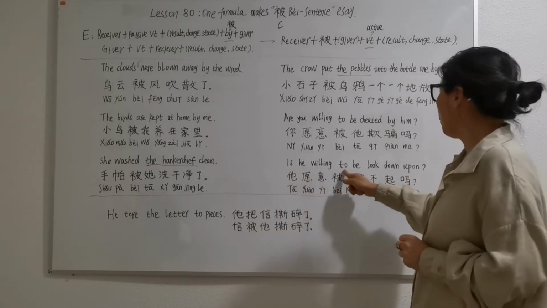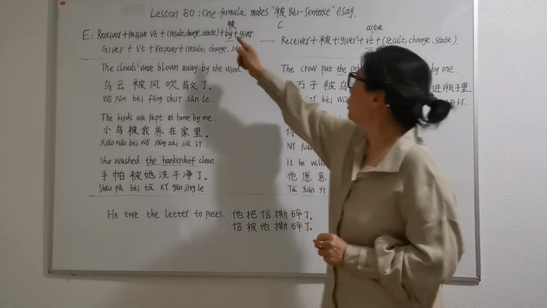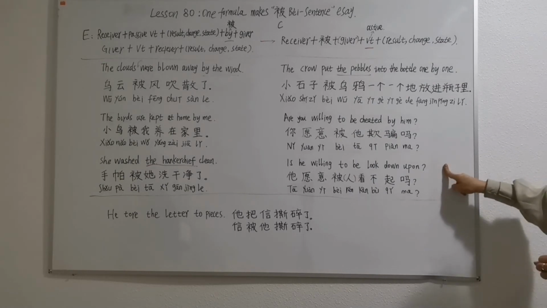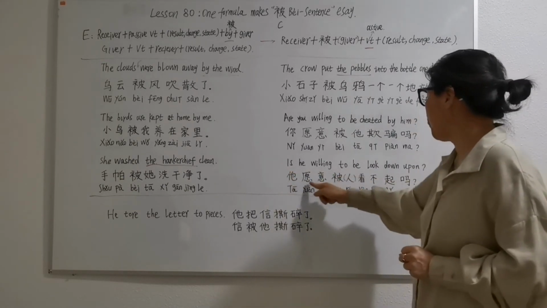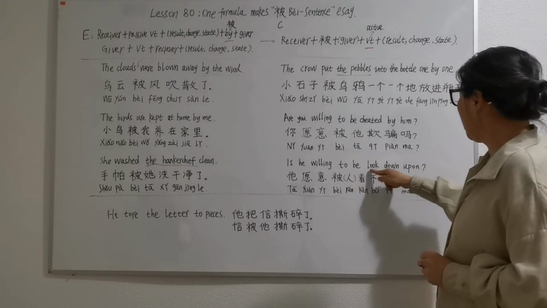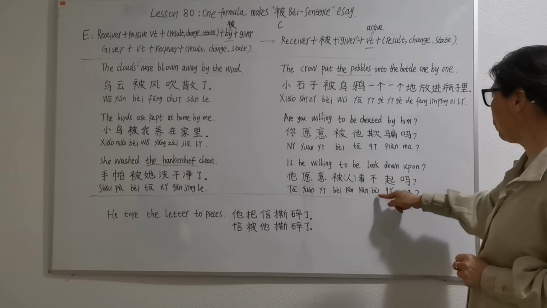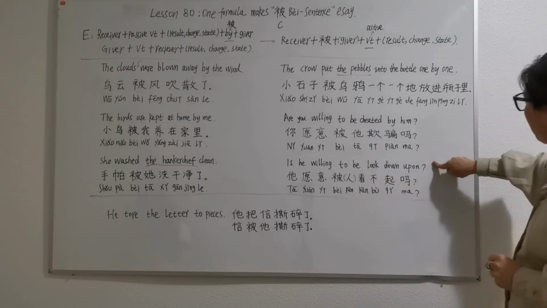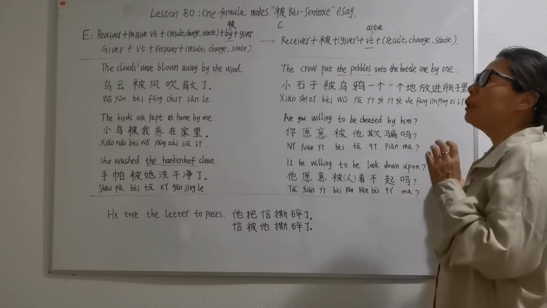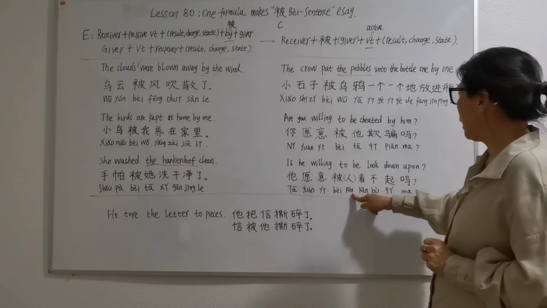Is he willing to be looked down upon? This is the passive sentence, but the difference is here has no by giver. Is willing to 愿意, he 他, be looked down upon 看不起. But in Chinese it is by someone. By is 被, someone is 人, 被人.